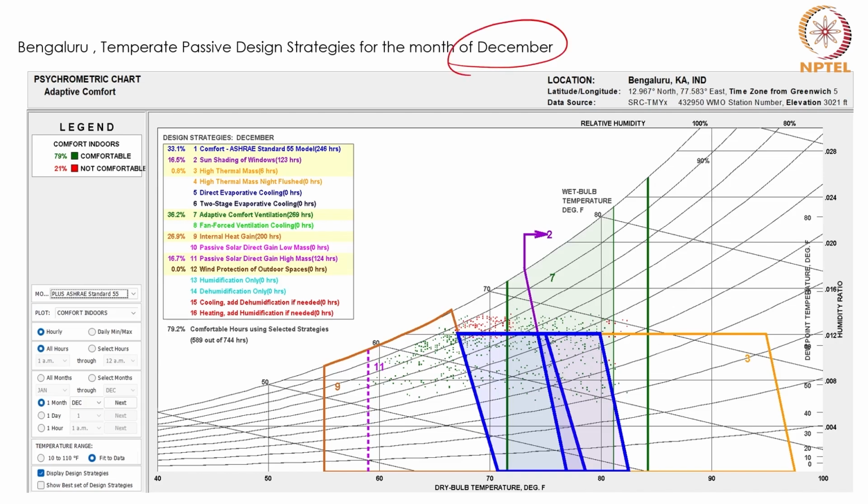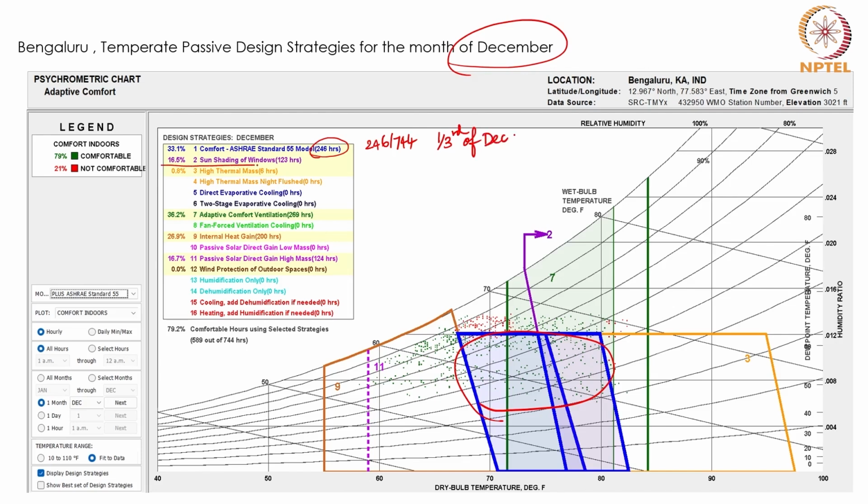For the month of December, 246 hours out of 744 hours are comfortable by itself. So, you can see that the place is pretty comfortable for 1/3 of the month. 1/3 of December is comfortable by itself.